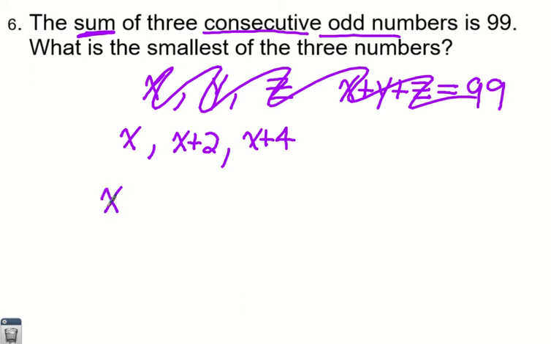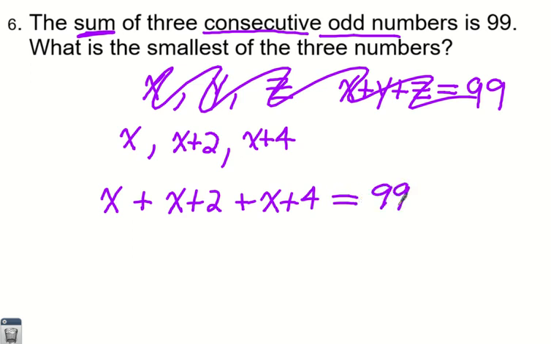And now we can do this. We have X plus (X plus 2) plus (X plus 4) equals 99.